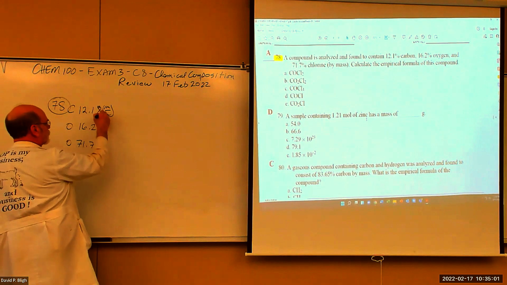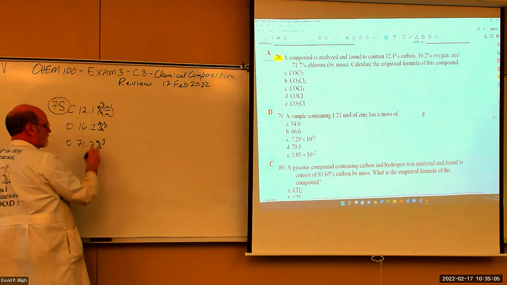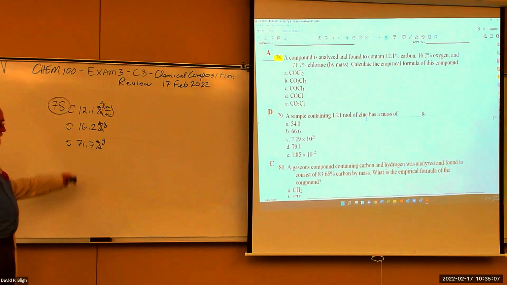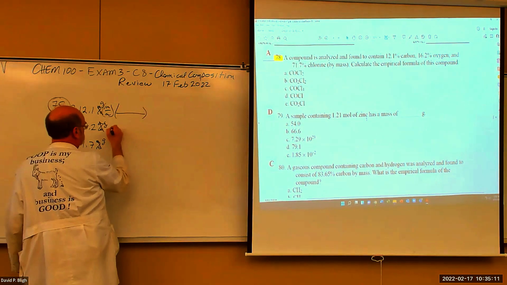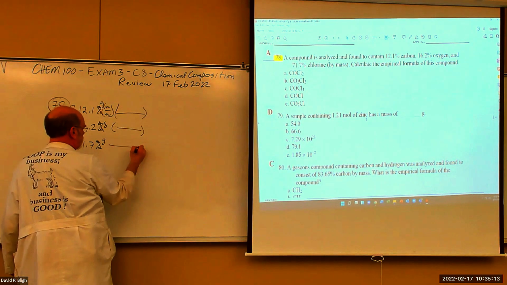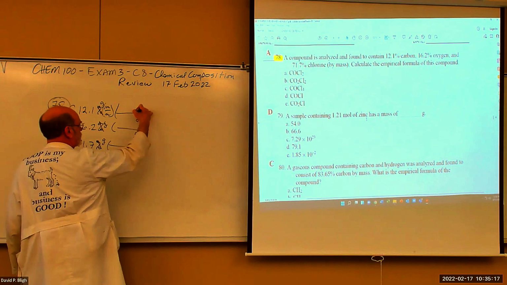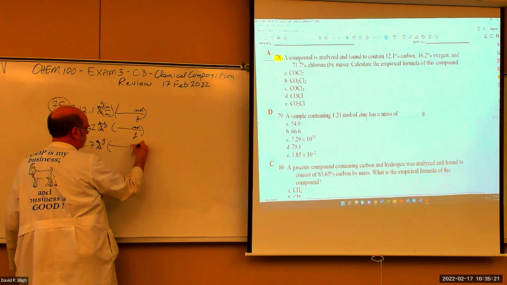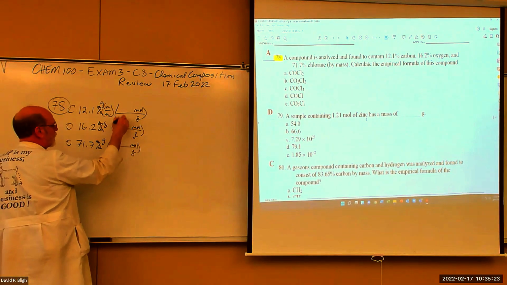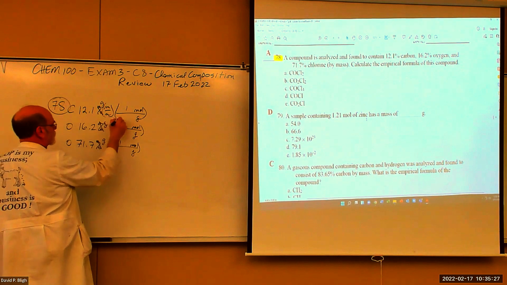So this needs to be converted to grams. Assume 100 grams, then this is the mass of each one. And then we can convert, taking out the grams and leaving us with moles. For each mole, how many grams of carbon do we have?